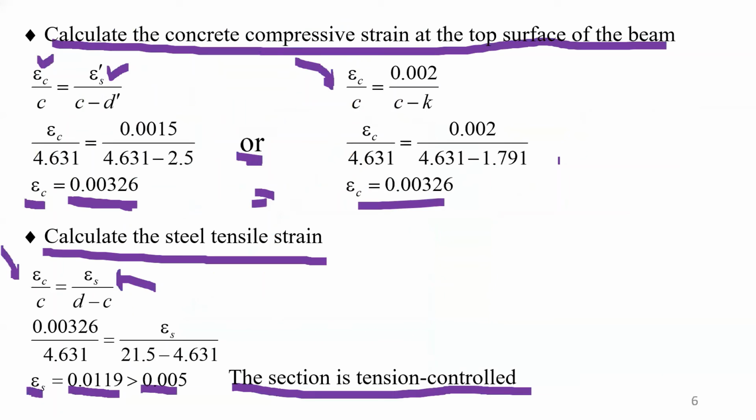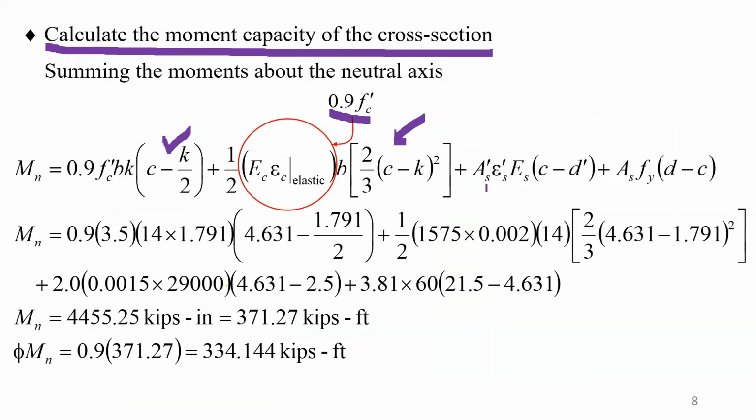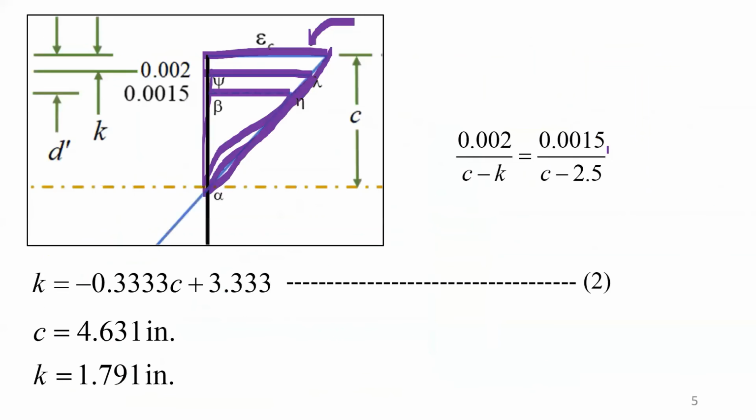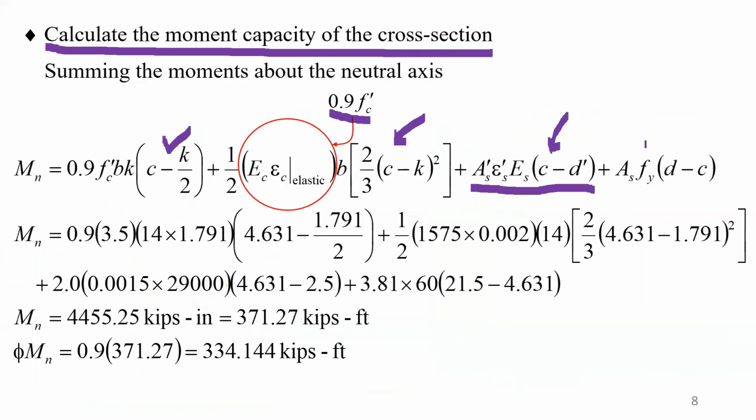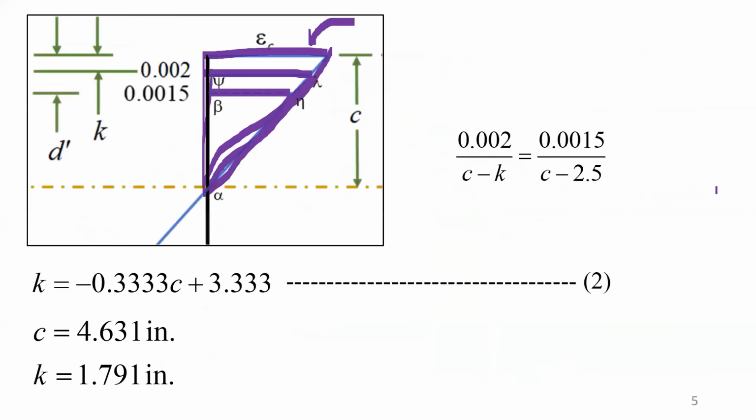plus A's epsilon s prime Es times (c minus d prime). The term c minus d prime is the moment arm, plus As times fy times (d minus c).